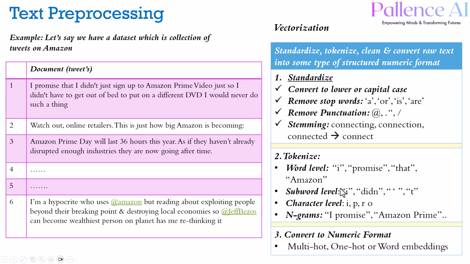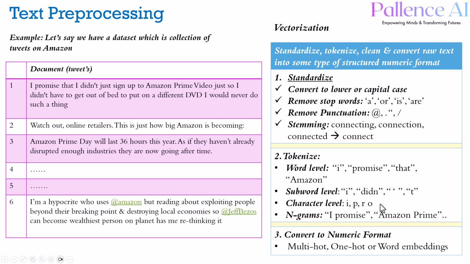But you can still inject a little bit of word order, if that might help, by using something called n-grams. In this case, I'm showing you bigrams. So, I promise, promise Amazon, Amazon Prime. You use 2 or 3 word combinations at a time to bring some sense of word order and context. It's not ideal, but it's something. So n-grams is typically used when you use bag of words models.